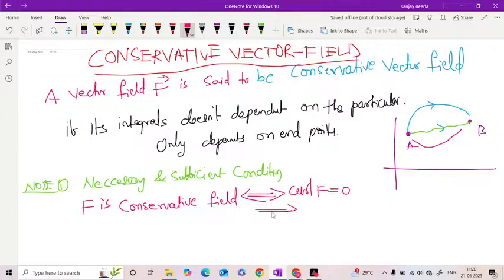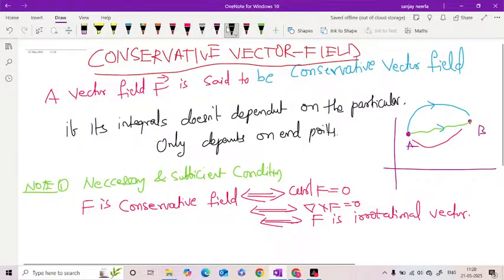Curl F equal to 0 means that F must be an irrotational vector. Okay, that is the necessary and sufficient condition.